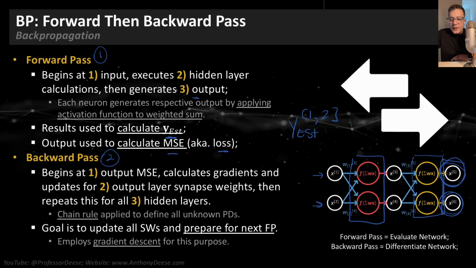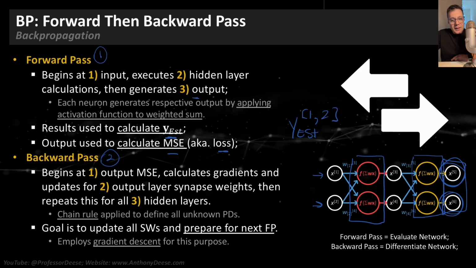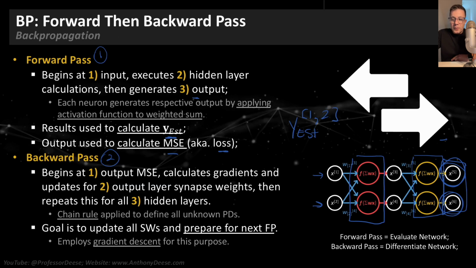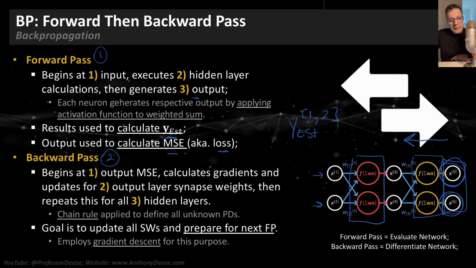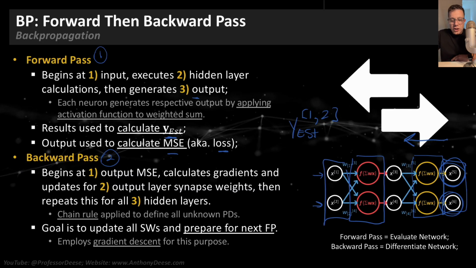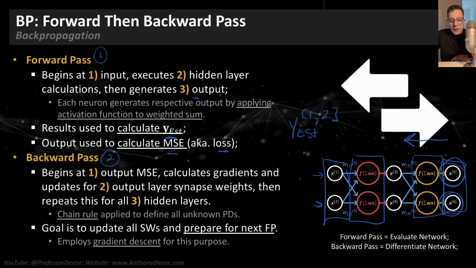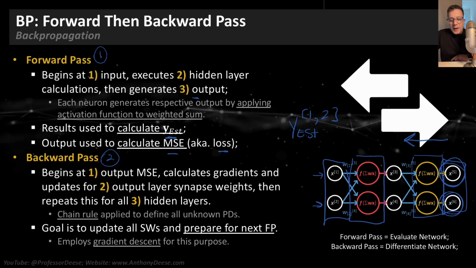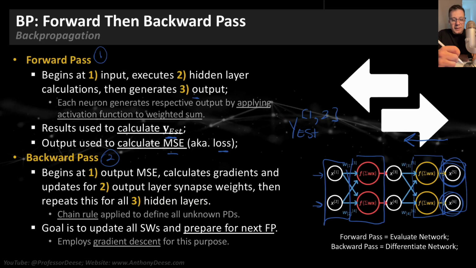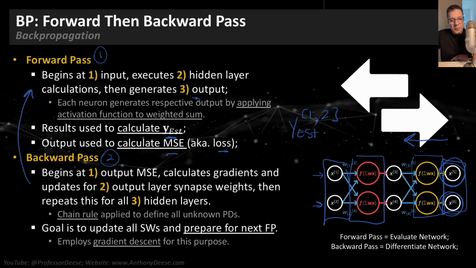It begins at the outputs, using the mean squared error to calculate the gradients and updates for the output layer. So now we're moving to the left, and then repeats this for all of the hidden layers going back to the initial input. The chain rule is applied to define all the unknown partial derivatives. The goal is to update all the synapse weights and prepare for the next forward pass for the next iteration. And we employ gradient descent for this purpose.